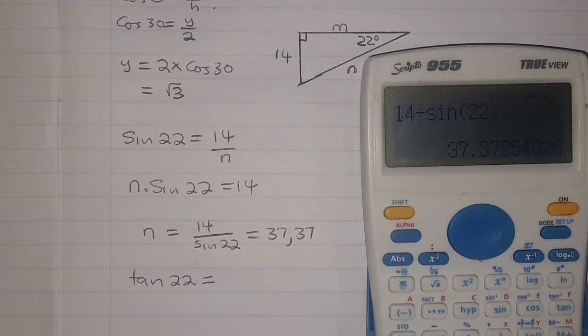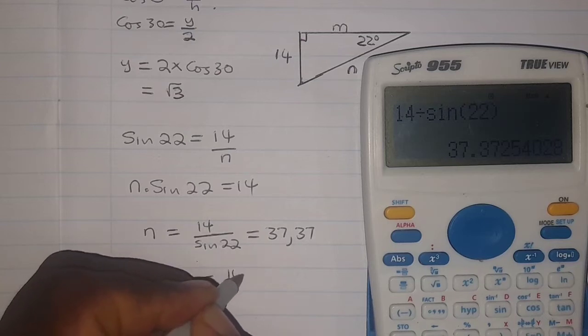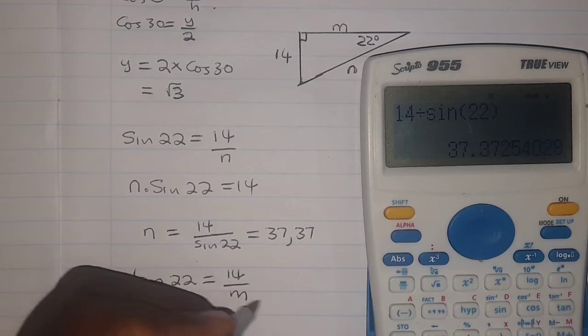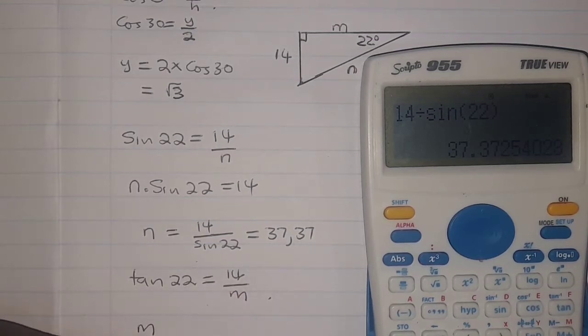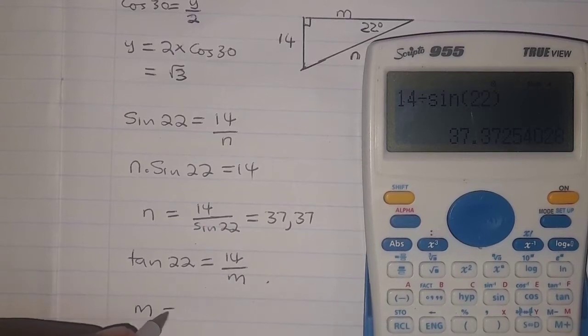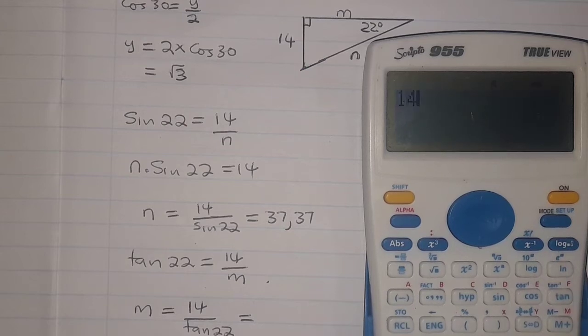Remember SOHCAHTOA. Tan theta, or tan 22, is equal to opposite, which is 14, over adjacent, which is M. So our M will be equal to 14 divided by tan 22.